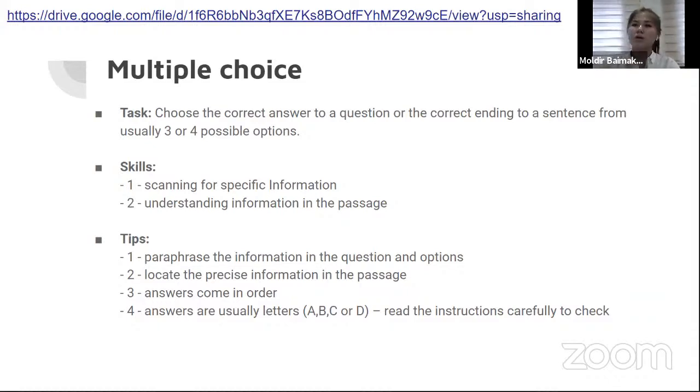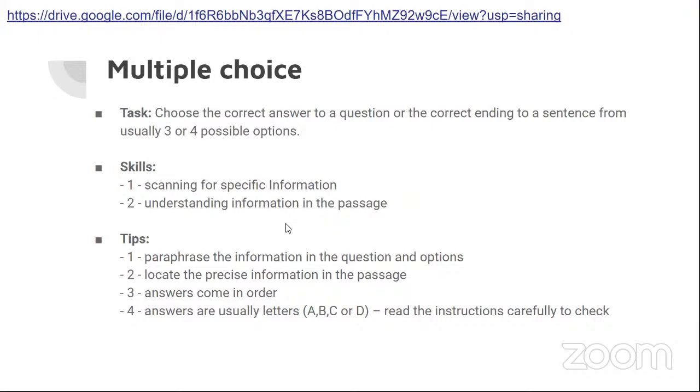Questions will be in order, exactly how they are in the text. So you won't get confused by the first question being about the conclusion and the second about the introduction. The questions follow the structure of the passage.